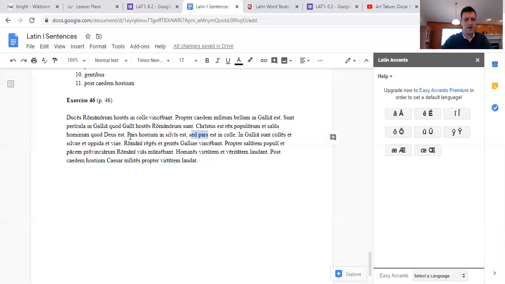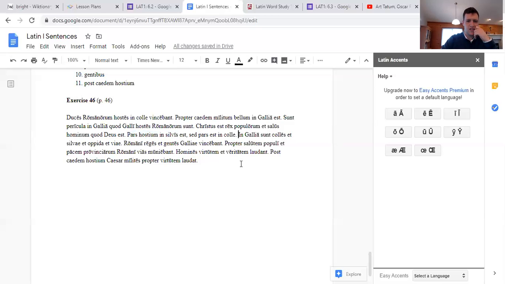I'll keep it grammatically correct. A part of the enemies is in the woods, but a part is on the hill. And I think I asked you about pars here. Pars is our nominative singular subject, and then hostium is this partitive genitive.